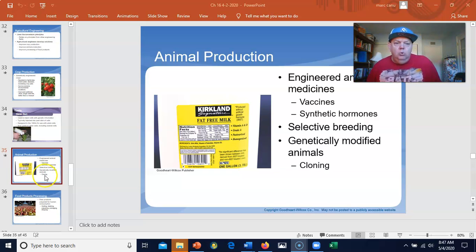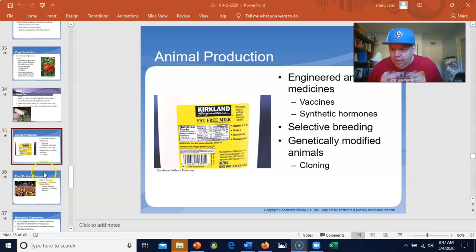So, genetically modified animals, we can talk about cloning. We have been able to clone some animals after multiple attempts, and this gets into some of the other issues out there with that.